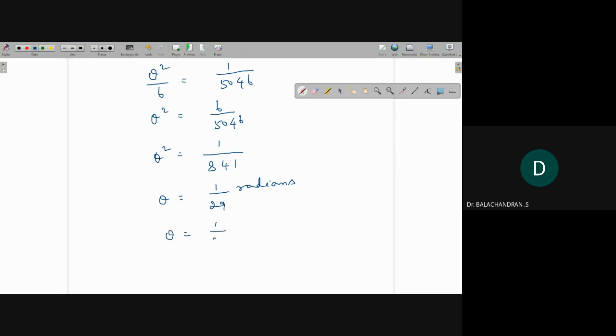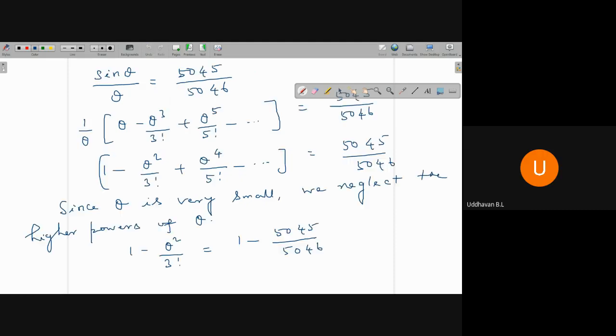Sir, how did you write it as 1 minus 5045 by 5046? Sir, on the LHS, remove the 1 minus.